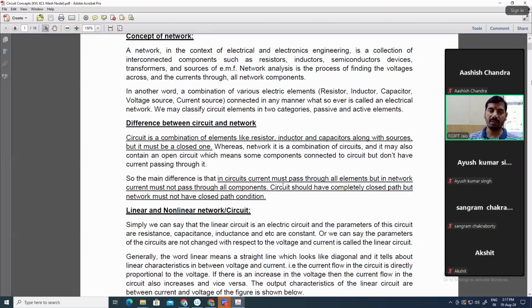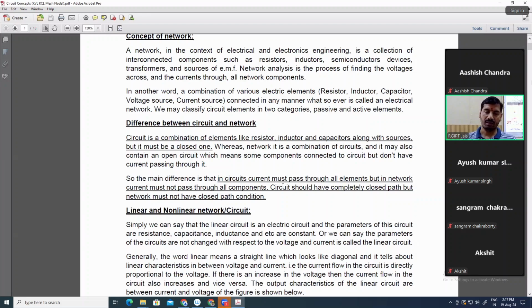Resistor, inductor and capacitor are called passive elements because they don't have their own energy, whereas active elements have their own energy, like sources. If you talk about current and voltage sources, they have their own energy and can drive a circuit or network. That's why they are called active elements.